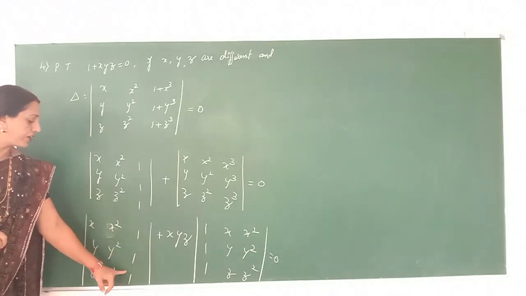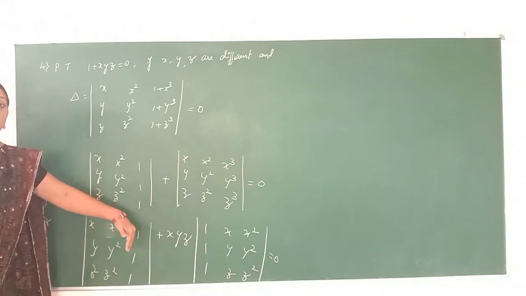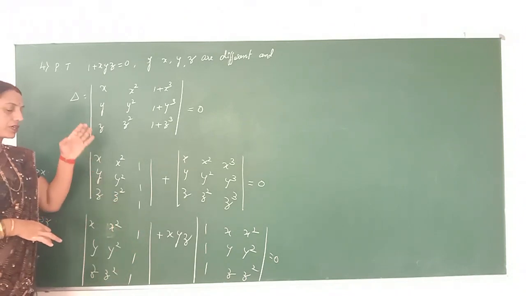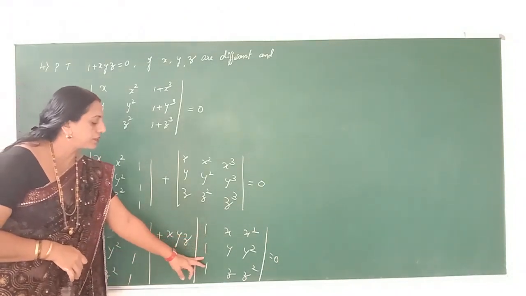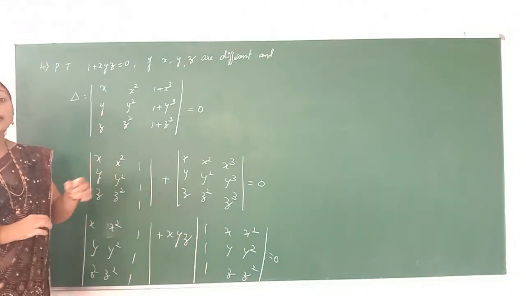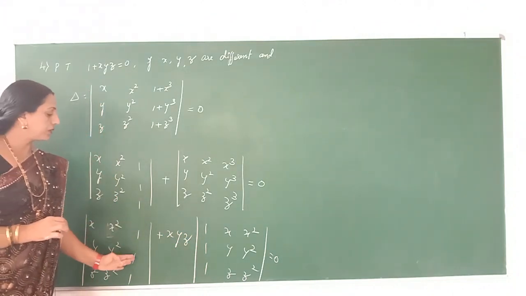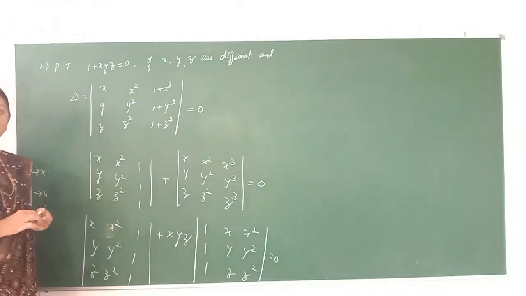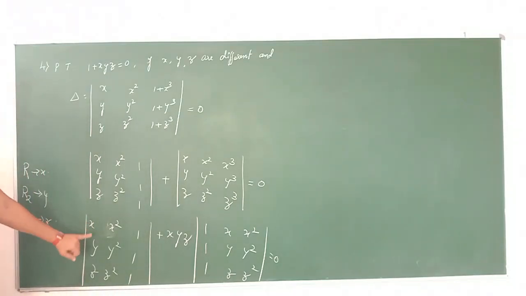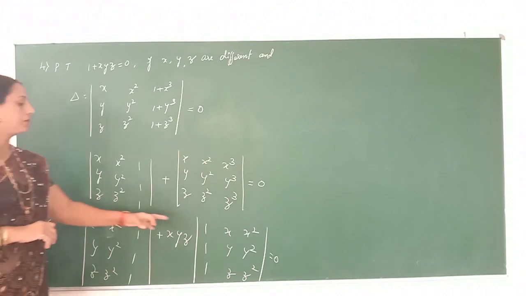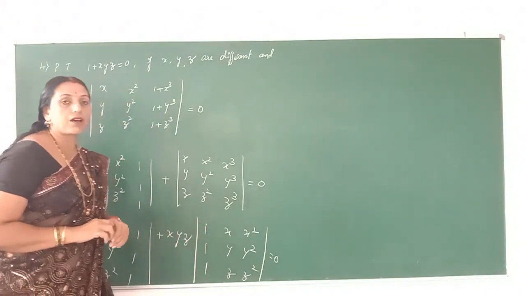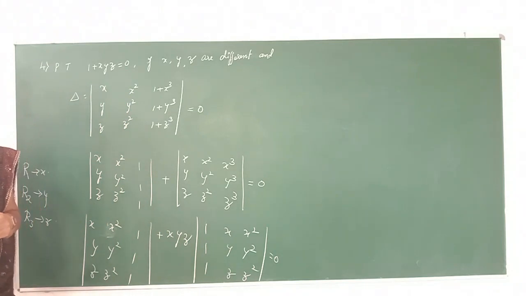These are the elements of the third column in the first determinant, but the same elements are in the first column of the second determinant. Similarly x y z are the elements of the first column in the first determinant, but x y z are the elements of the second column in the second determinant.